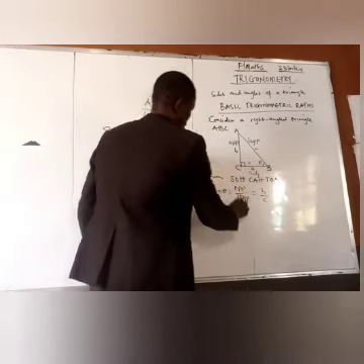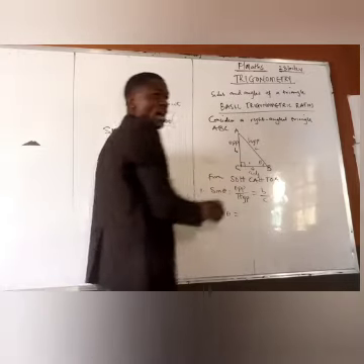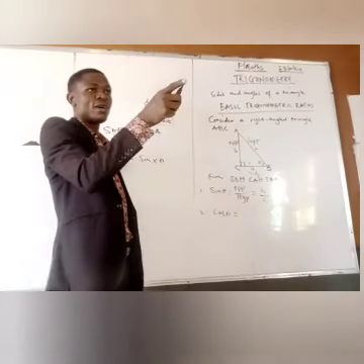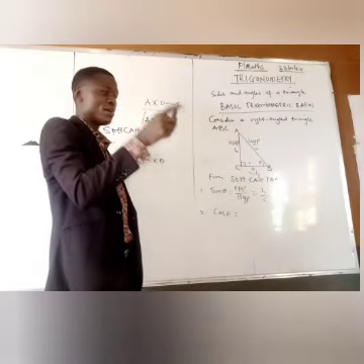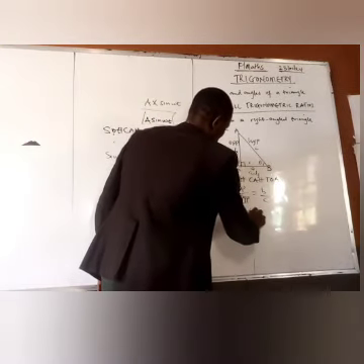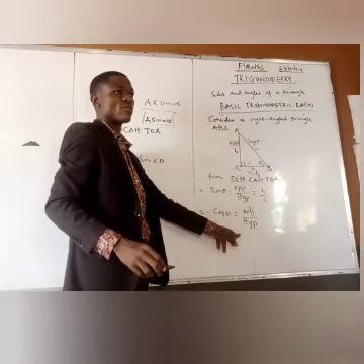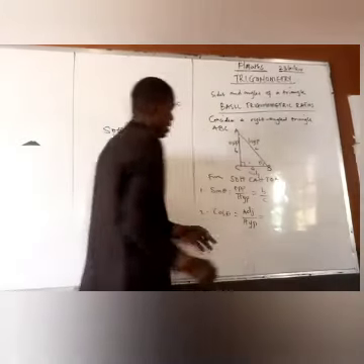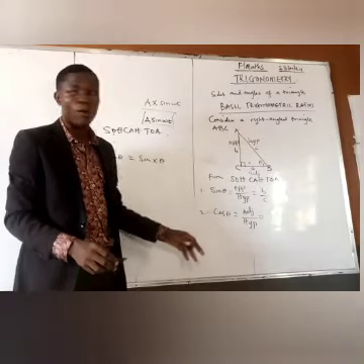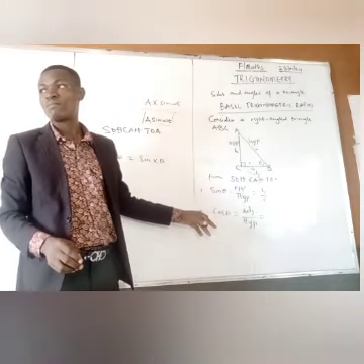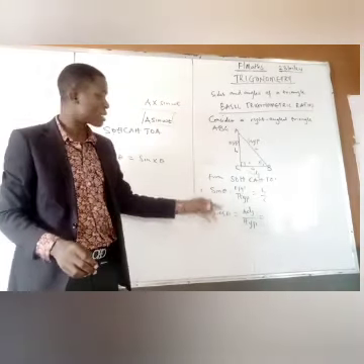Then the second one is cosine. Cos theta is what? Adjacent over hypotenuse. Now, what is our adjacent? Speak up.